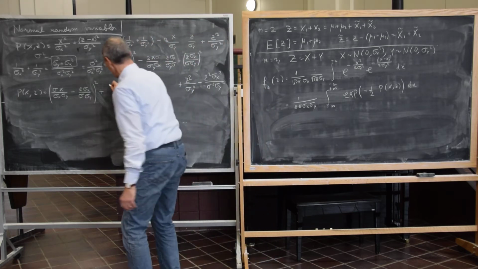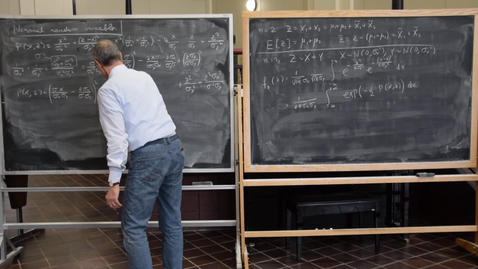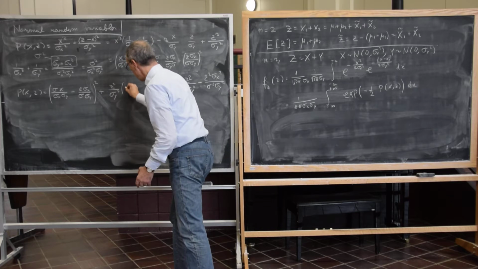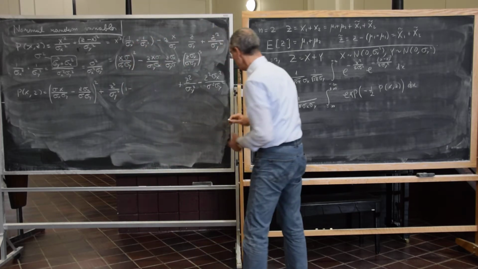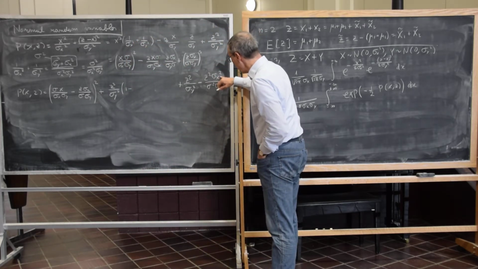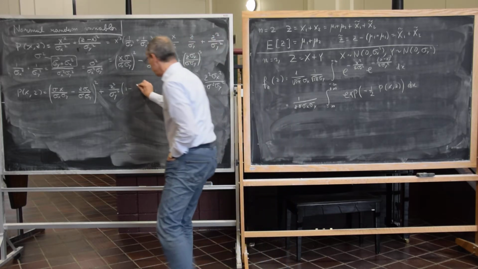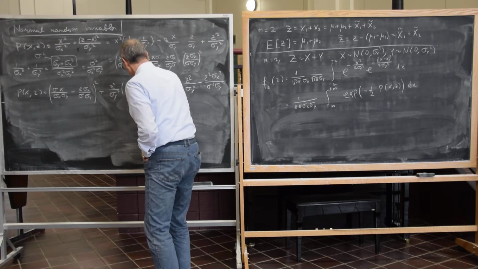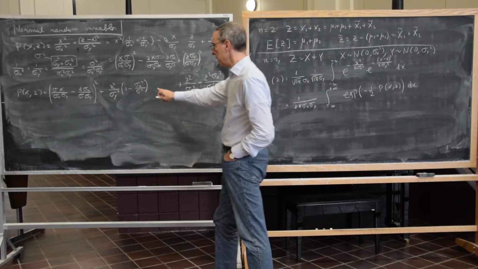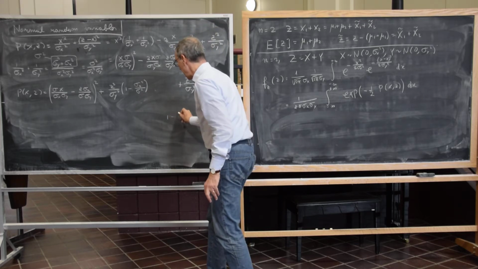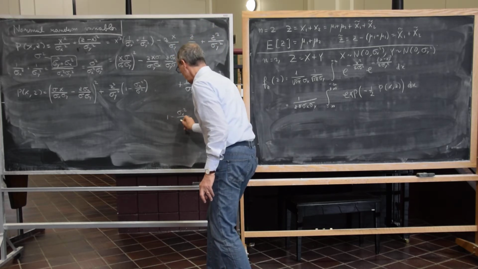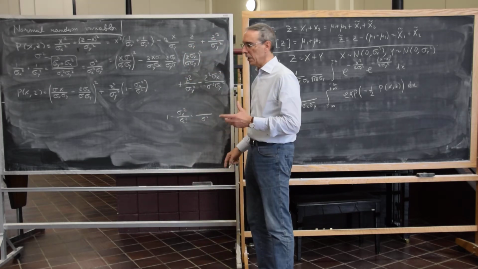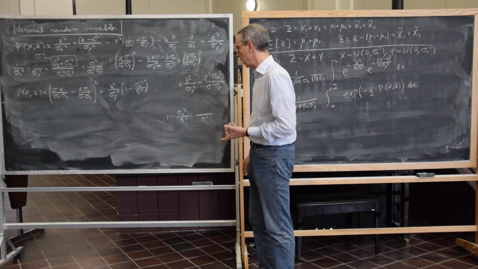You can factor this out. This is 1 minus, so this times this, minus sigma x squared divided by sigma squared. Actually, this can be simplified a little bit, because 1 minus sigma x squared divided by sigma squared, where sigma squared was sigma x squared plus sigma y squared.